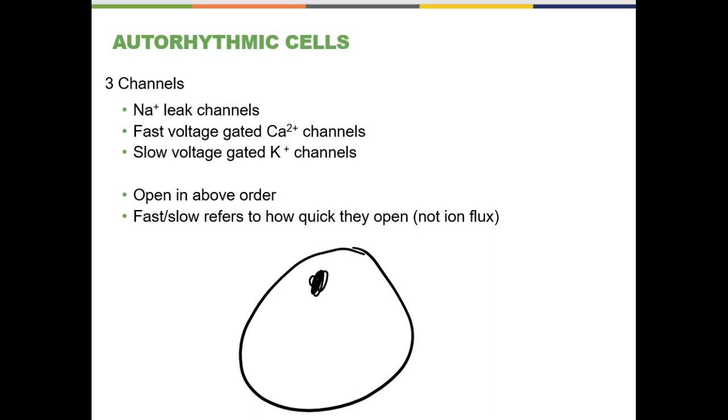So if you may recall, all of your cells have the sodium-potassium ATPase and a similar resting membrane potential. So every cell in your body should have elevated levels of sodium outside the cell because of the ATPase, and elevated levels of potassium inside the cell because of that sodium-potassium pump.